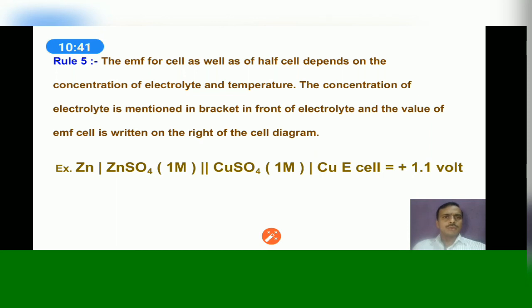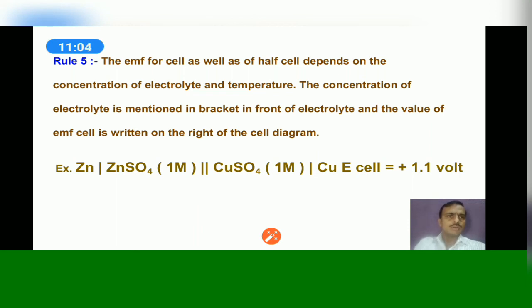Rule number five: we have to write the EMF of the cell towards the right hand side of the cell diagram, and similarly mention the concentration of the electrolyte in a bracket, whatever concentration is given in the cell.